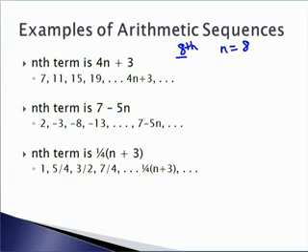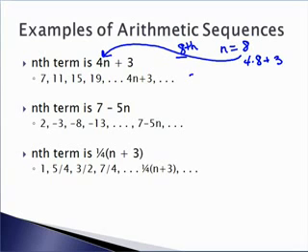So in the formula then, we would plug in the 8 for the n. So 4 times 8 plus 3. So 4 times 8 is 32, plus 3 is 35. So the eighth term in this sequence is 35.